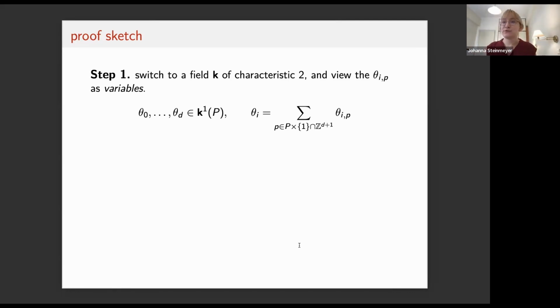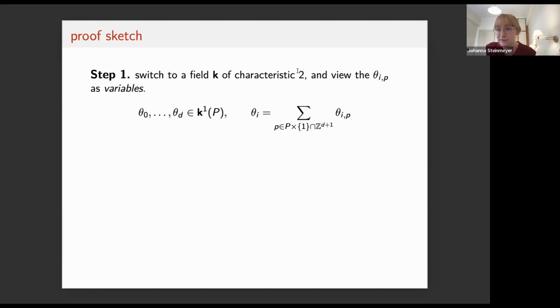Now, how do you prove something very generically? So the way that we're going to do it is the thetas are the things that we want to choose generically, right? We want them to be kind of very independent of each other. We don't want to have any dependencies between them. Call them variables for a second and ignore the consequences. Okay, now I'm saying we switch to a field of characteristic 2. That's me being mean.